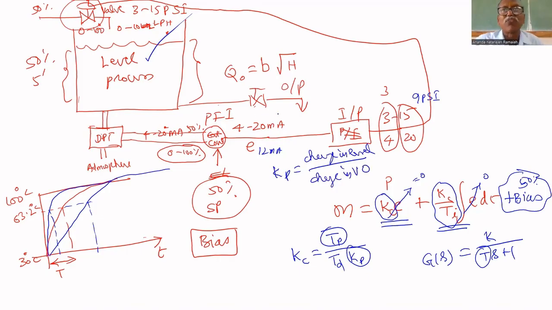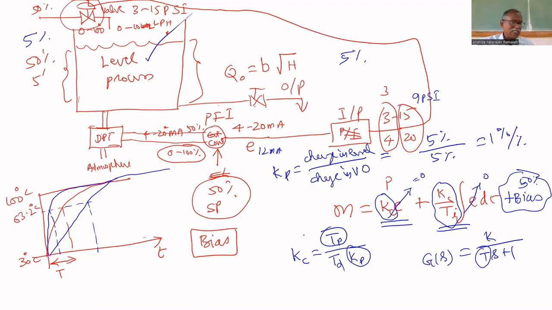We won't talk about valve opening in terms of 3 to 15 psi or 4 to 20 milliamp. We'll talk in terms of percentage. Suppose I am increasing the valve opening by 5%. The level also changes 5%. What is the gain? 5% divided by 5%, 1% per percent. Therefore, the gain of the process is 1% per percent.